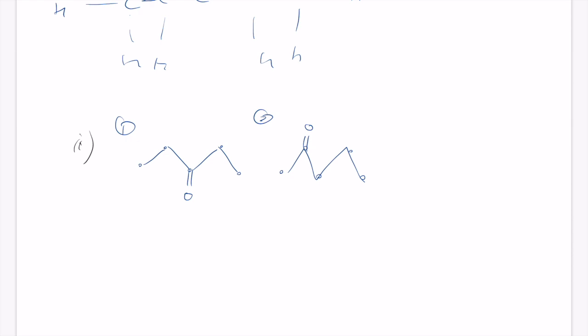Now, if we look at the first mass spectrum, we see a fragment at 29. 29 corresponds to this fragment here. So we need to ask ourselves, which isomer, 1 or 2, has a CH3CH2 group? If we look here, it must be 2.